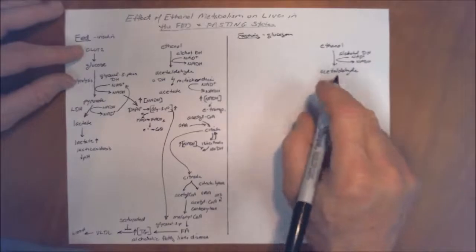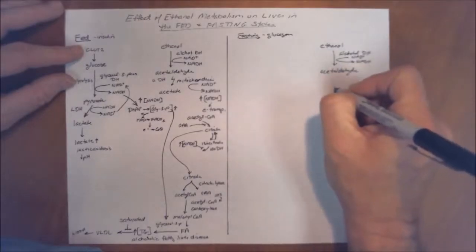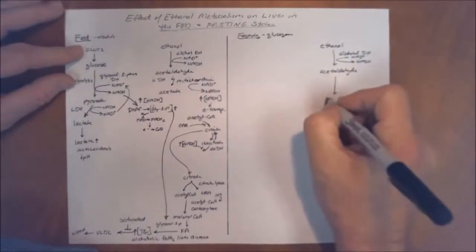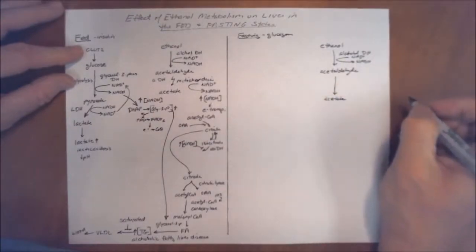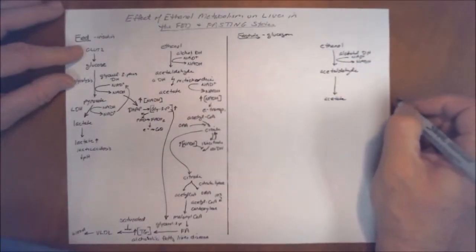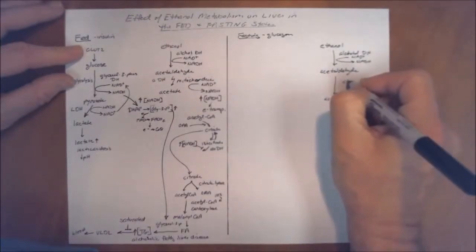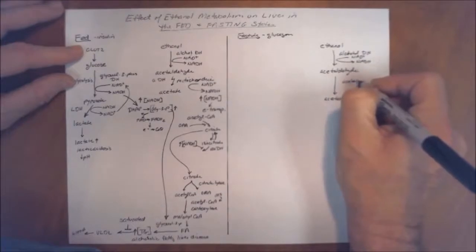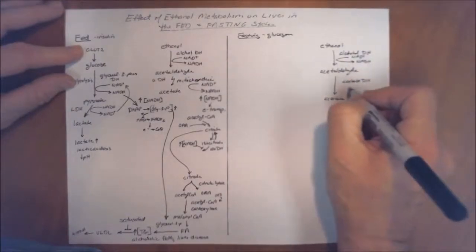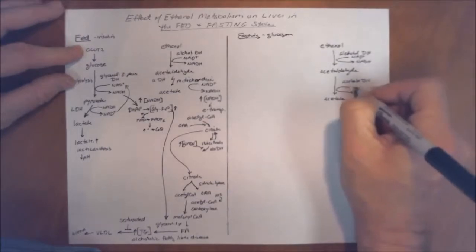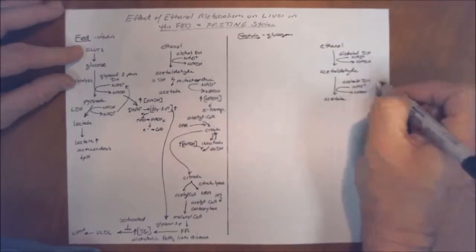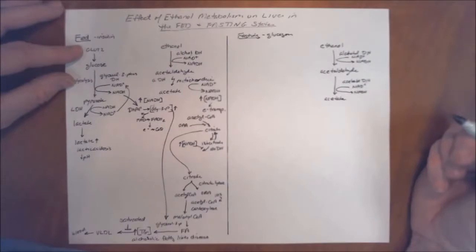The acetaldehyde will now enter the mitochondria and be processed to acetate by the acetaldehyde dehydrogenase enzyme, resulting in more NADH, this time in the matrix of the mitochondria.